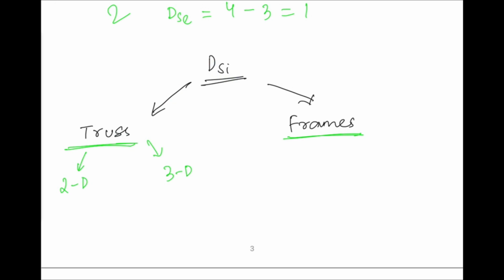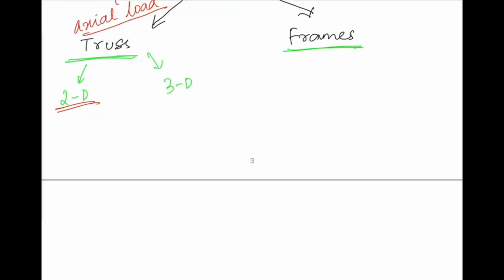Now what we know about trusses is that trusses only carry axial load, right? So they just carry axial load. And where is it carried? It's carried on the hinges. Okay.